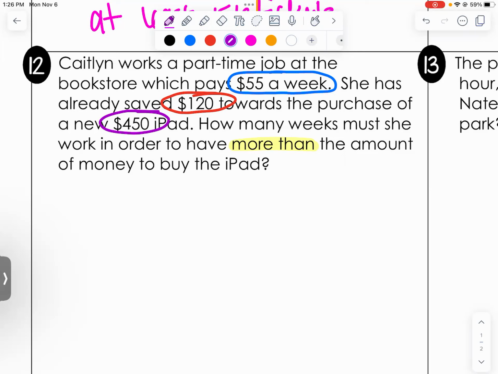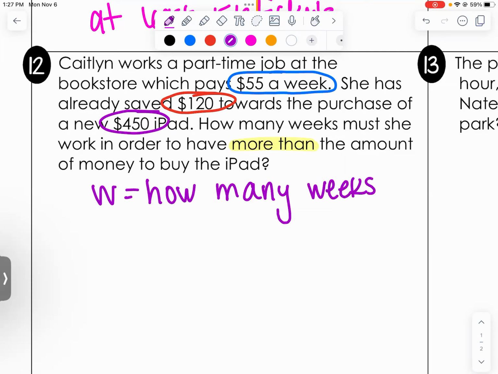So Lainey, what letter do you want to use? So W is going to represent how many weeks. Okay. More than. With your fingers, show me what more than is. More than what, Tatum? Which number? More than the amount of money to buy the iPad. The iPad is $450.